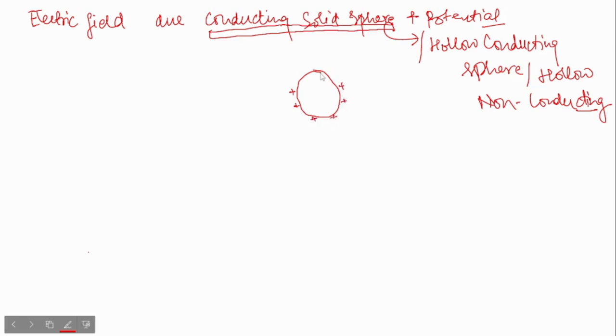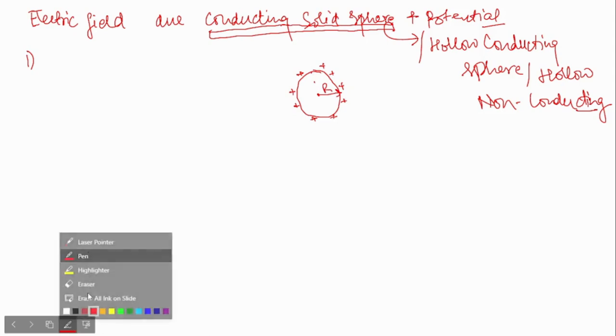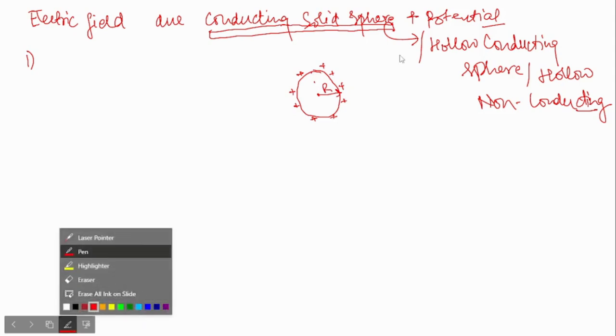Either non-conducting or conducting, charge gets distributed on the surface. So we'll find the electric field in three regions. Let's say this sphere is of radius R. We'll find it inside, on the surface, and outside.